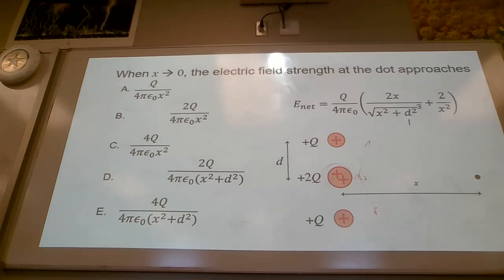Okay, so here's what I would do. I would just get my calculator out and plug in a really small number here. Because if I plug in 0, that doesn't help me. And if I plug in infinity, that doesn't help me.